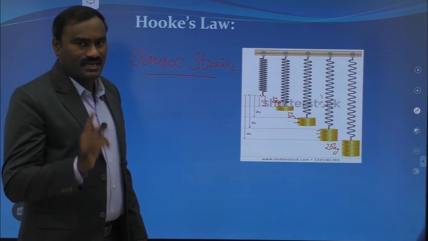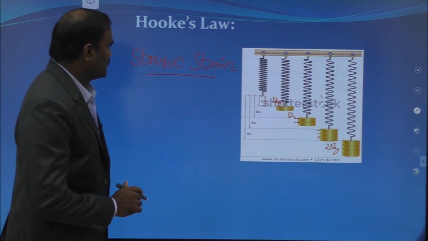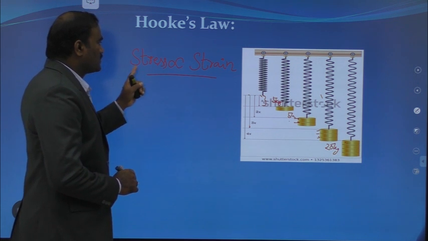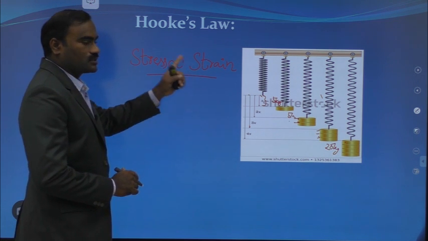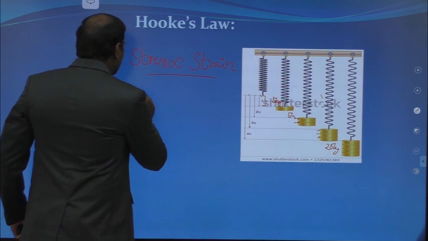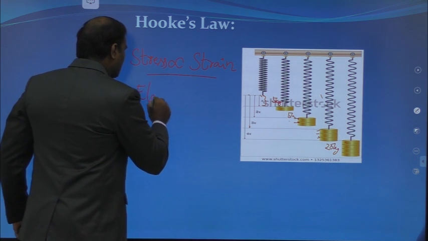But there is a condition for this law. Stress is directly proportional to strain only in the elastic limit.